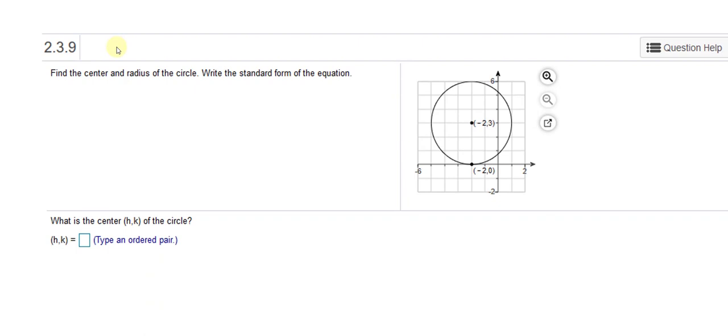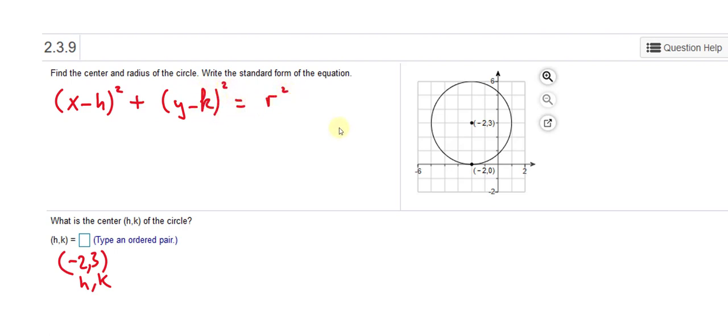Find the center and radius of a circle, and write the equation. Now we know the center of the circle has the form (h, k). This is the center, so h should be minus 2, k is 3. Now the standard form of the equation has the form (x minus h) quantity squared plus (y minus k) quantity squared equals r squared.